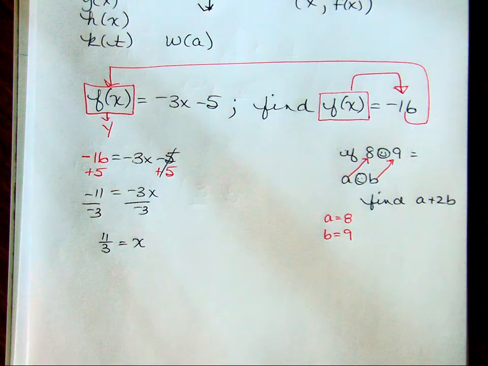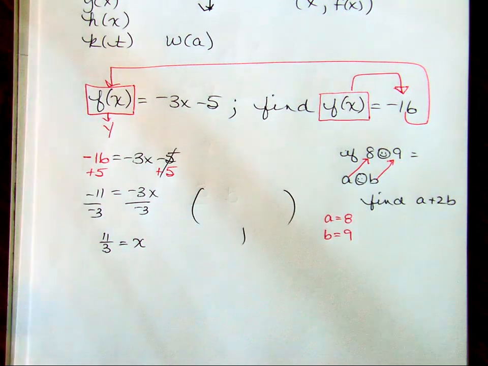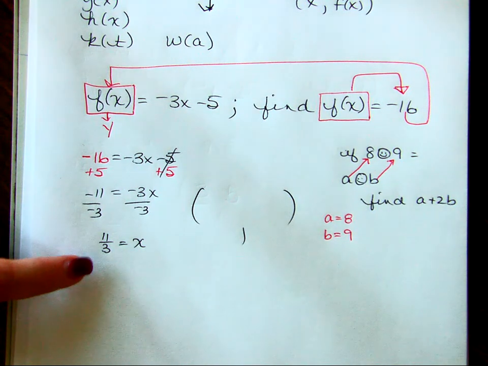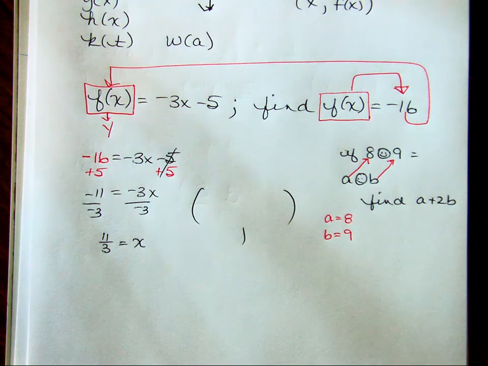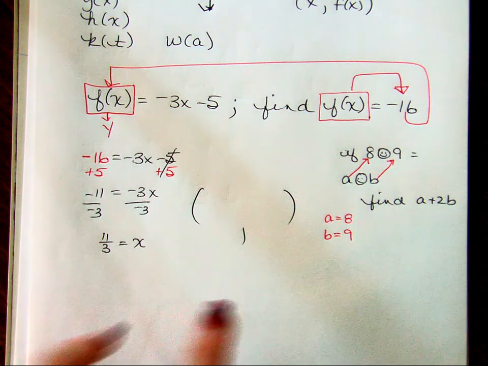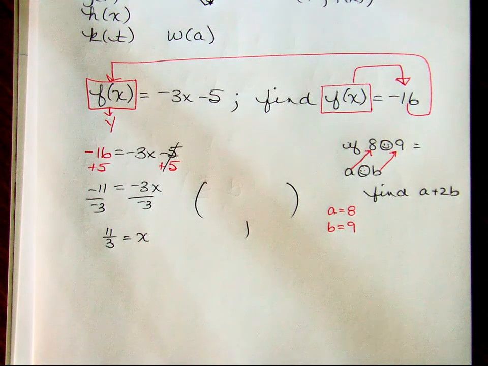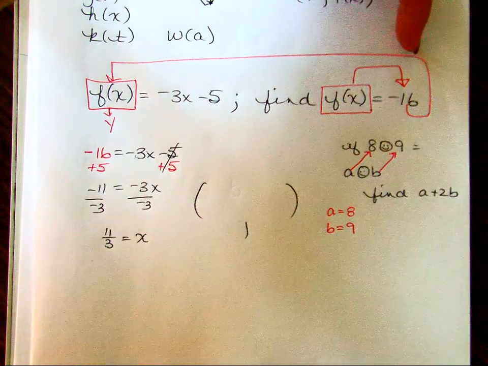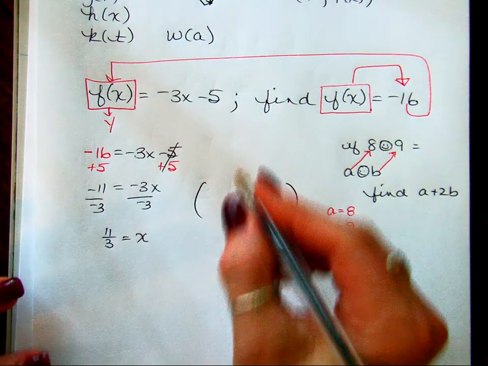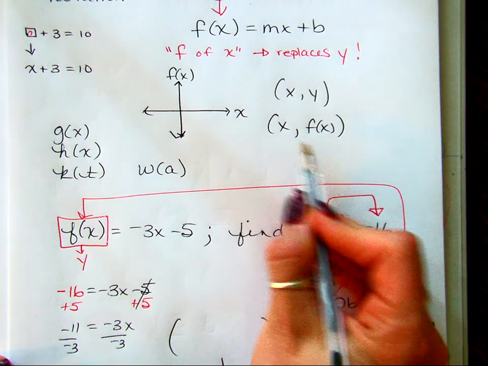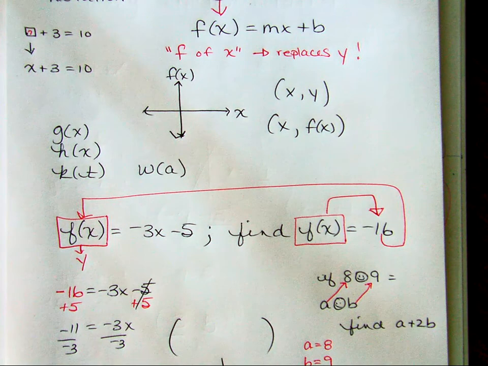But if I'm asking you to say, okay, I know you got that as an answer, eventually I'll want you to know that when I input something, I want to know what the output is. So fill that in. You know what I do first? I put in the given first. If this is x and the second spot is always reserved for that f of x, then where does negative 16 go?